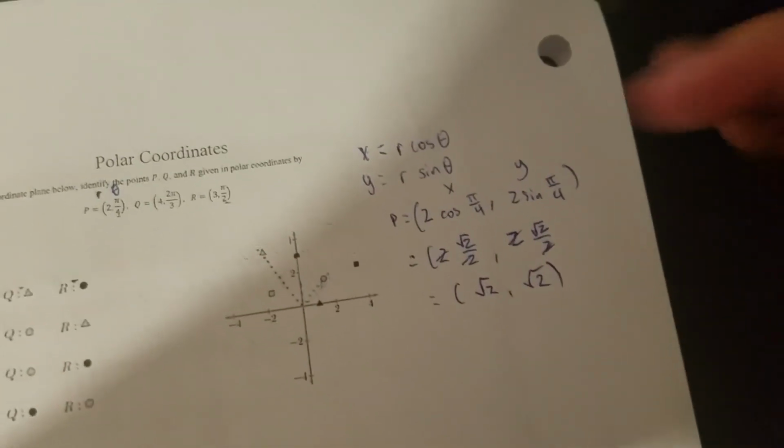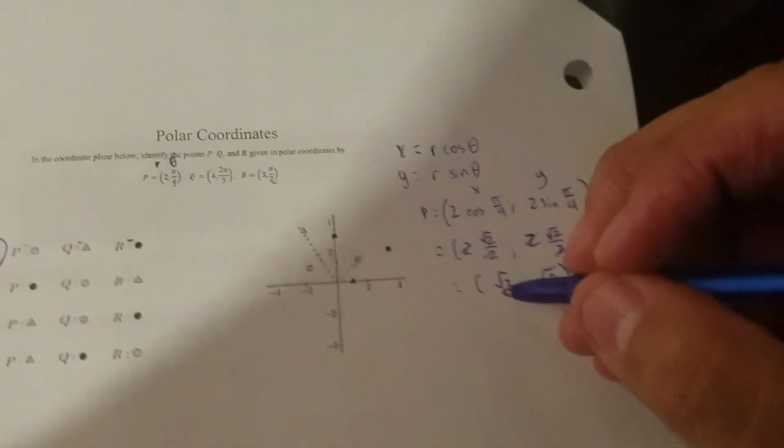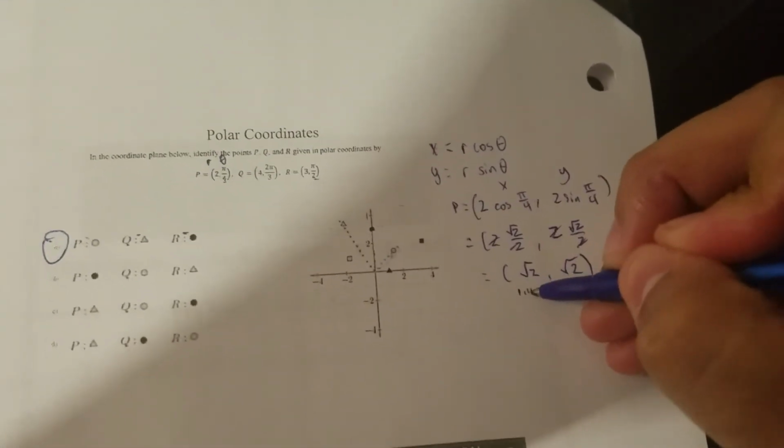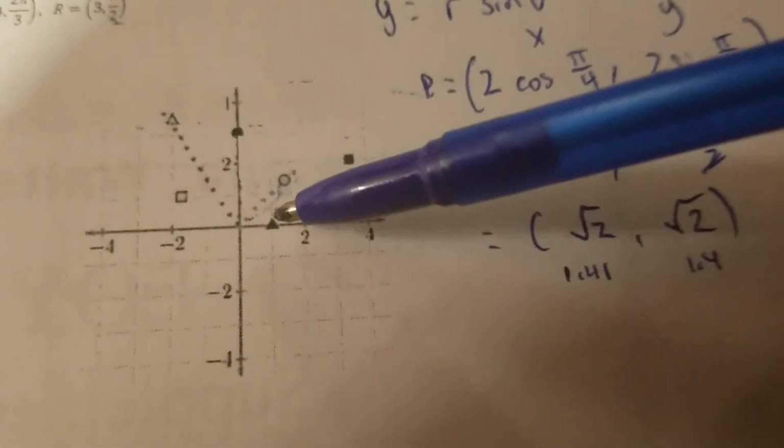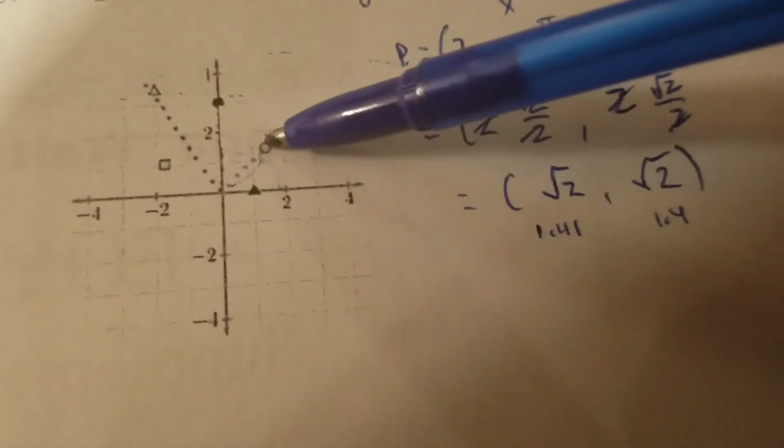That's not a common number you would see on this, but square root of 2, guys, just so you know, is like 1.41. So if I look at that problem, this is at about 1.4 up and 1.4 over. So that's my answer.